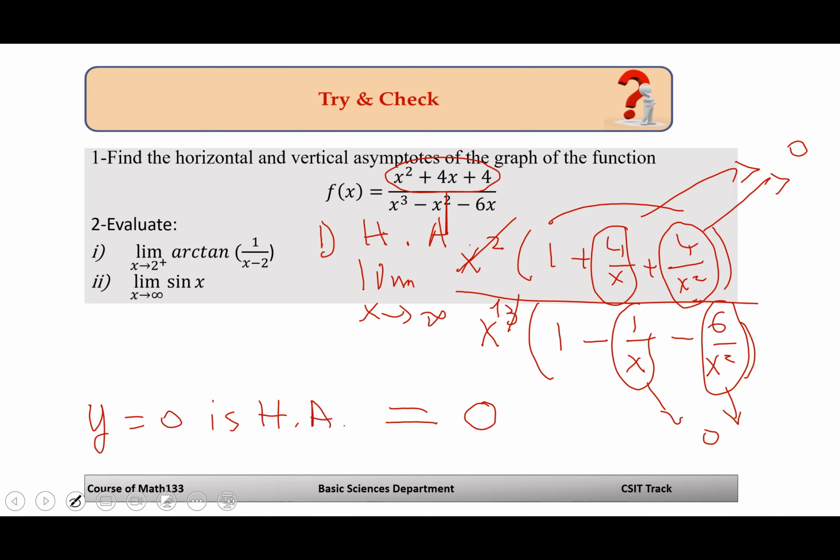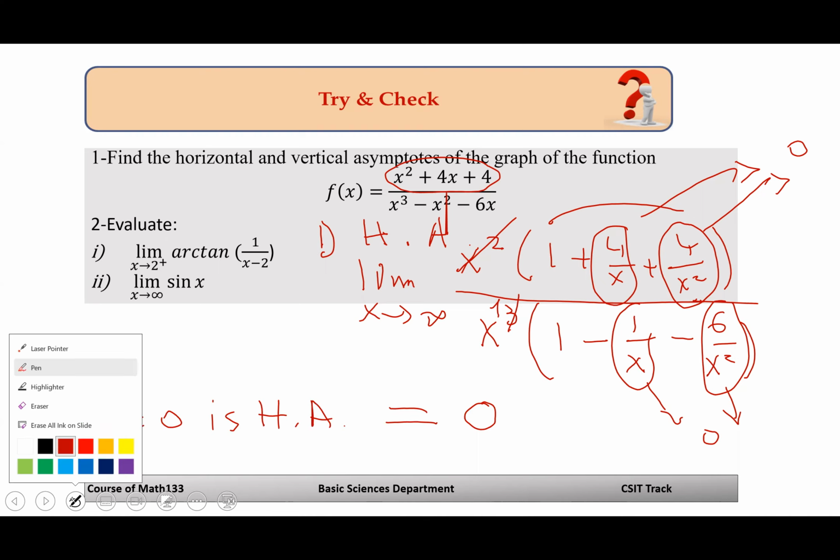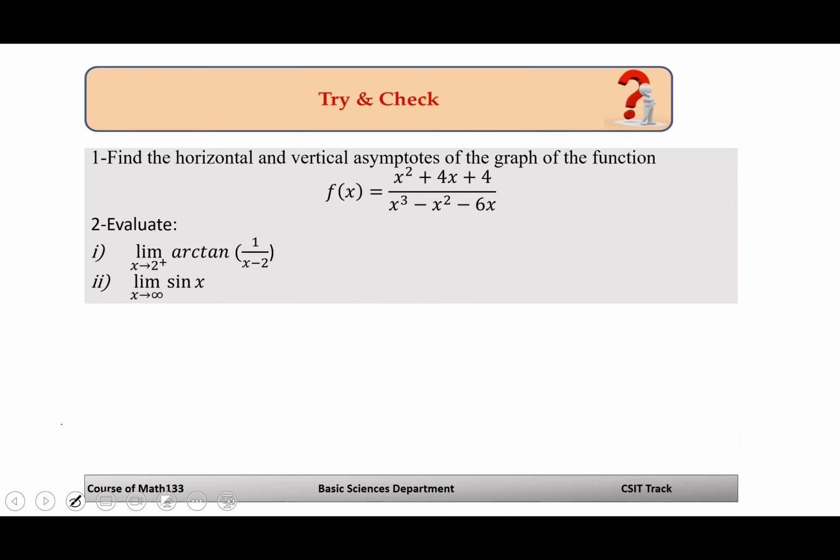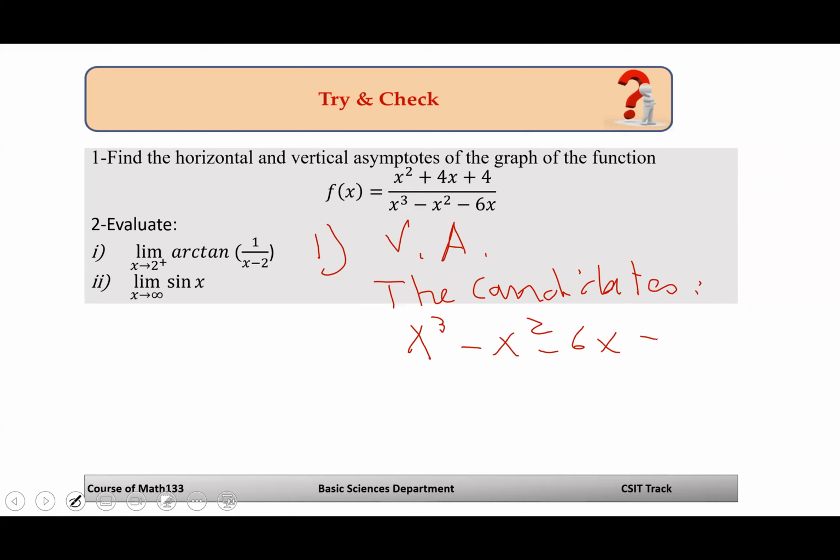Now, what about the vertical asymptote? So for the vertical asymptote, let's call it VA. The candidates are coming from the resolution of x cubed minus x squared minus 6x equal to 0.